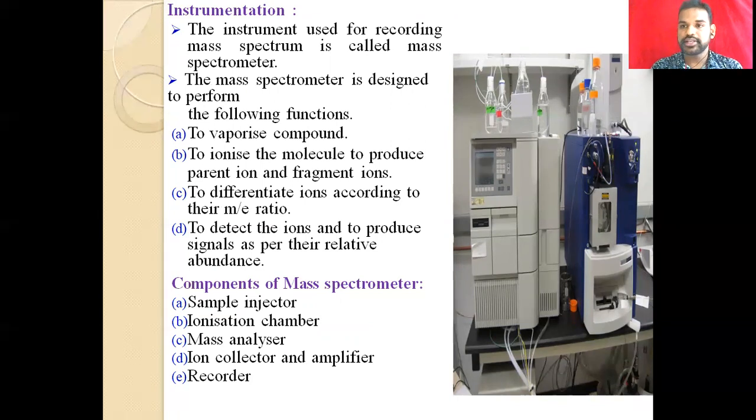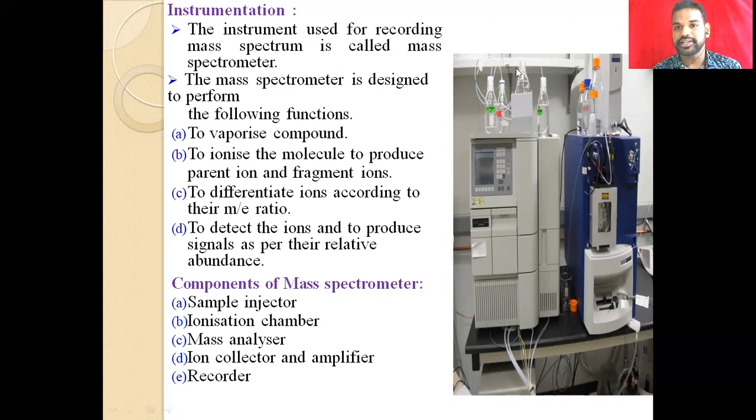Instrumentation of the mass spectrometer is very important, and here you can see the instrument. It looks very small, but it is very costly, and the maintenance is also very costly. In the picture you can easily note some bottles.